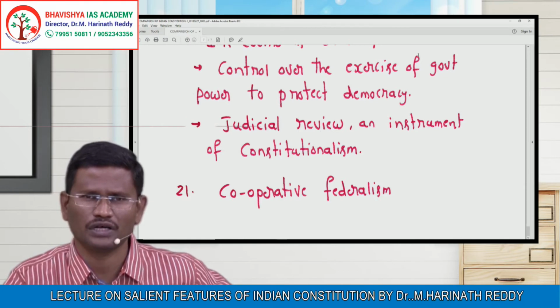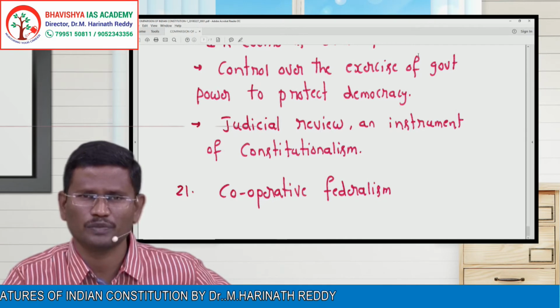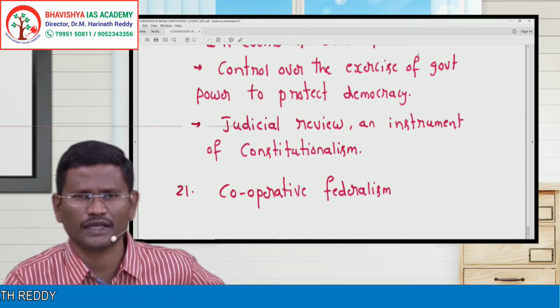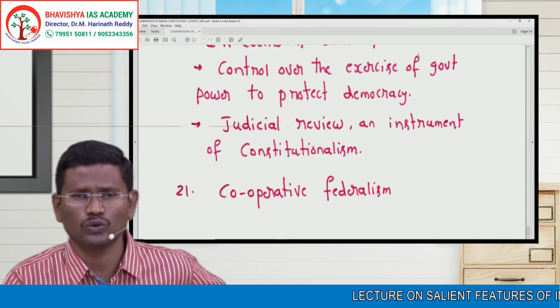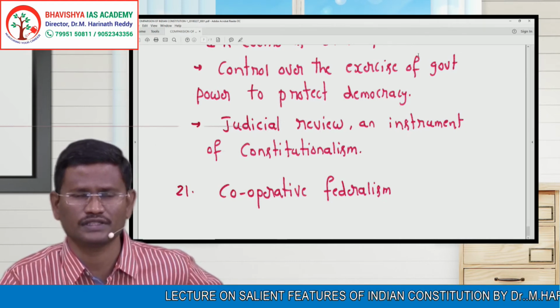And in the recent past, the 101st Amendment to the Indian Constitution has provided for the establishment of the GST Council. Article 279A provides for cooperative federalism in the financial sphere. With respect to goods and services tax, the central government and the state governments together will decide.